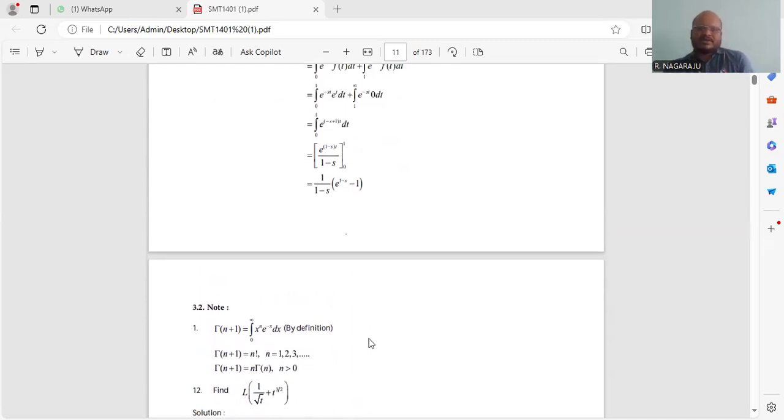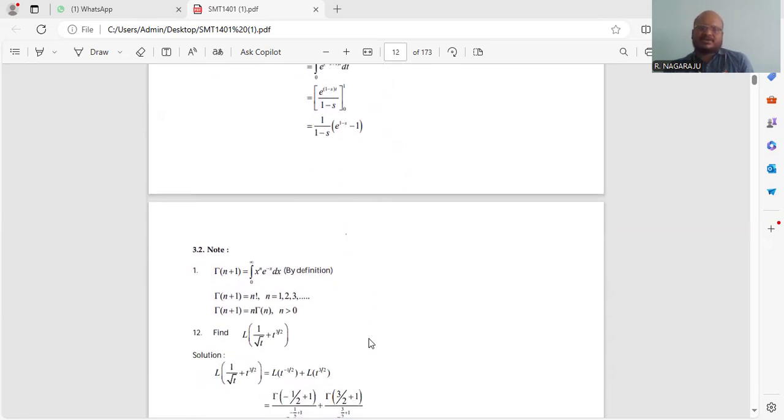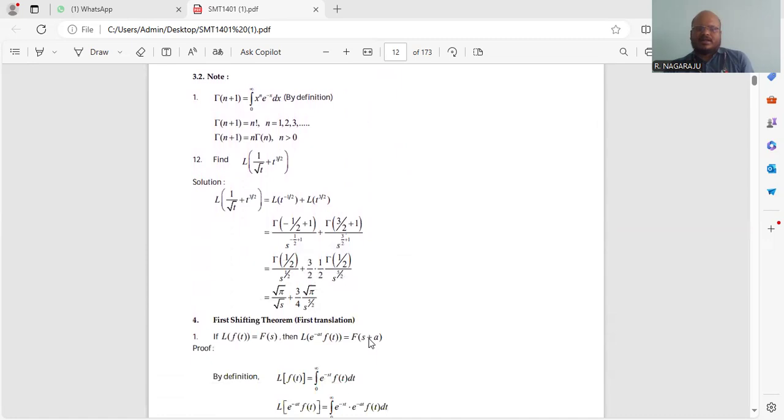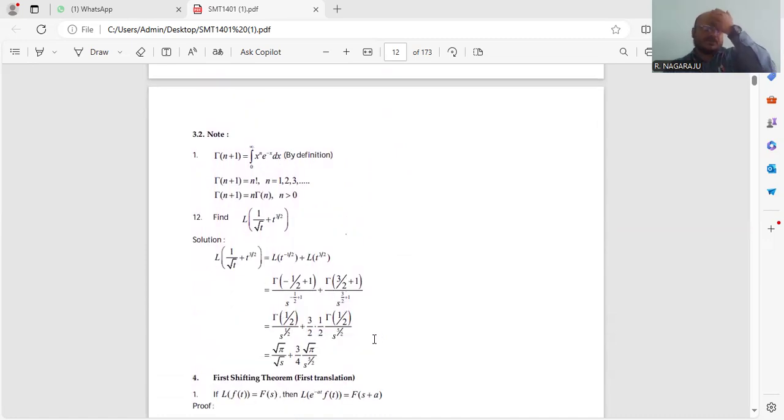And after these basic problems, we have some different type of problems, that is, for the 12th one. So here it is nothing but L of 1 by root t plus t power 3 by 2. So it is a fraction. In the power, it is a fraction.